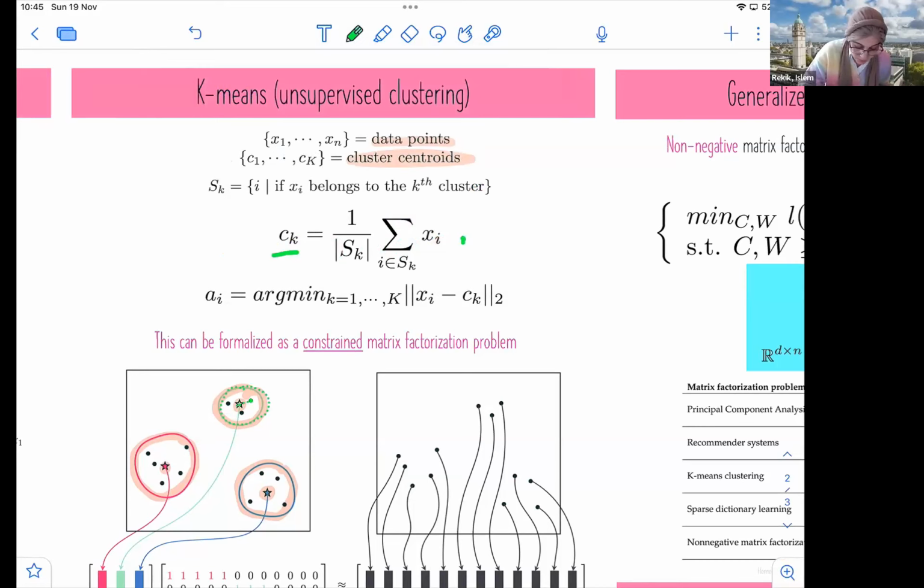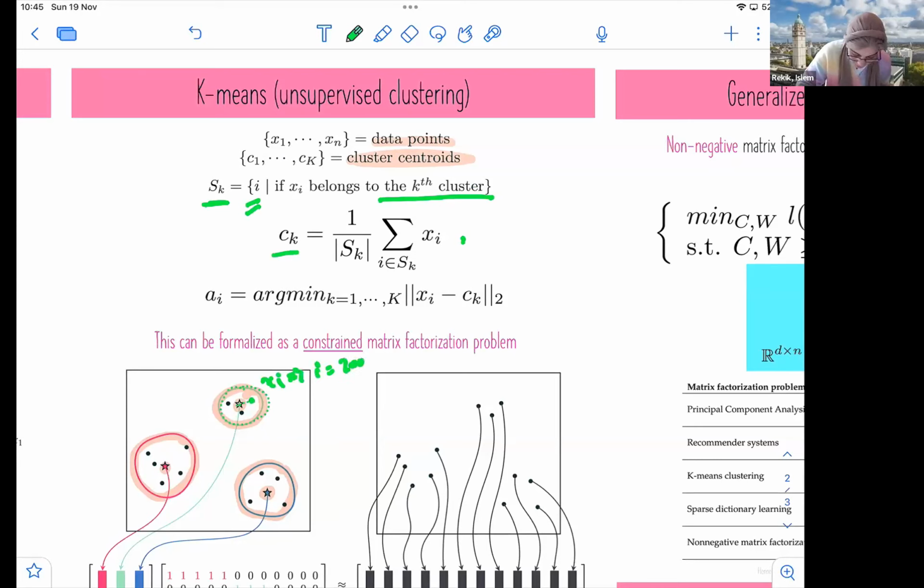So K is the cluster, and here we have a set of points, S_K. So S_K is a set of training point indices i, if x_i belongs to the kth cluster, so it will give you the index of the point that belongs to the cluster. So for example, this point x_i is equal to 200.